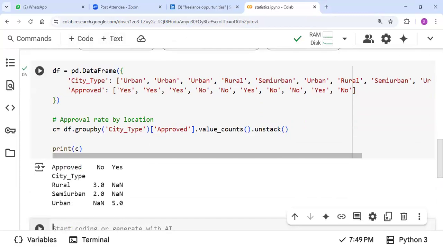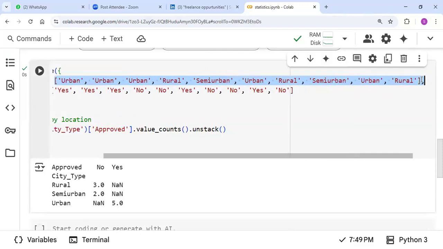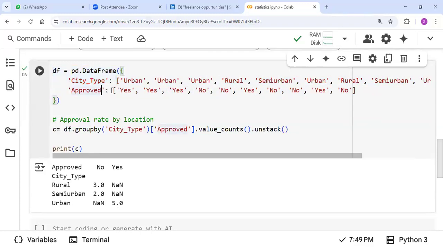I hope you guys can see my data, right? What type of factor is actually impacting here? City type is one data, like urban, rural, and semi-urban. This is the approval for any loan purpose, whatever it is.